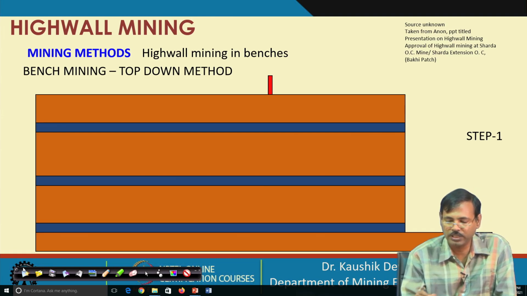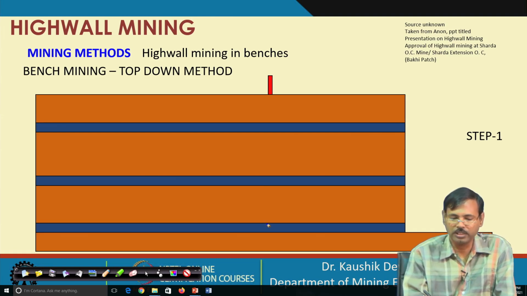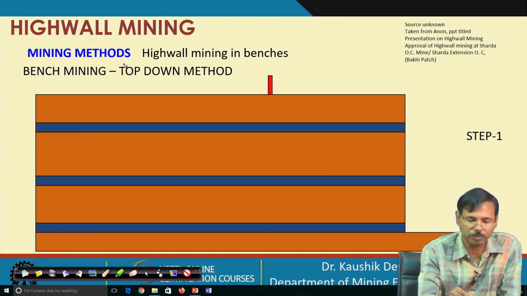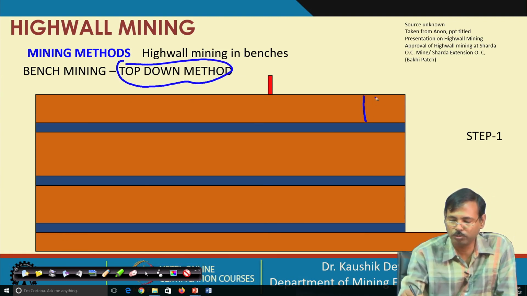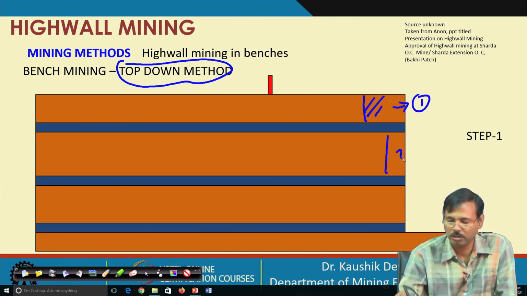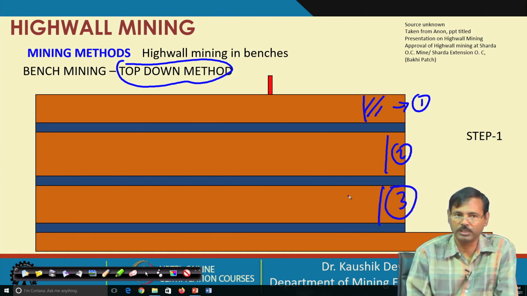Every seam has to be excavated one by one, and the method of excavation is the top down method. That means this portion has to be excavated first, then this one, then this one. So, this will be the process of excavation in this case. That is why it is called the top down method.